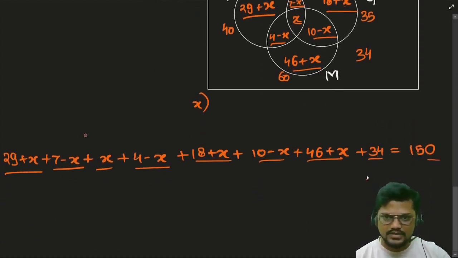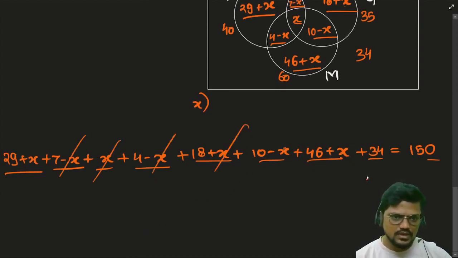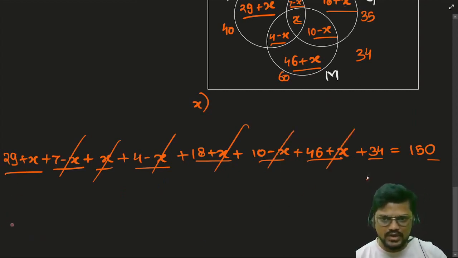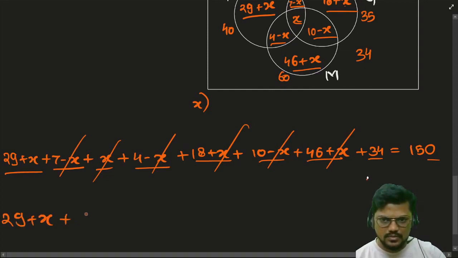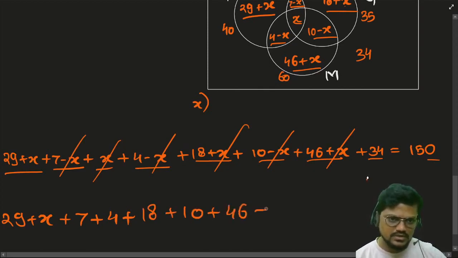Fine. This minus x plus x will get cancelled. This minus x plus x will get cancelled. Is there any x left? This minus x plus x will get cancelled. So this will be 29 plus x plus 7 plus 4 plus 18 plus 10 plus 46 plus 34 should give you 150.